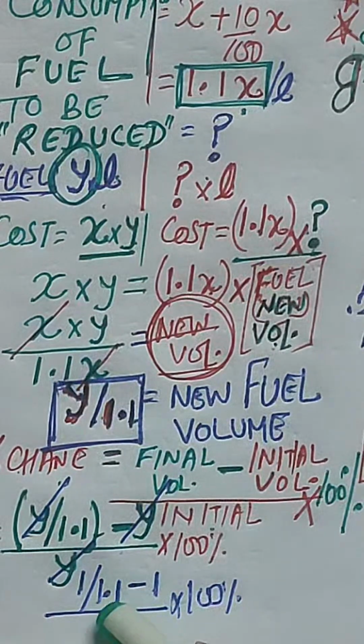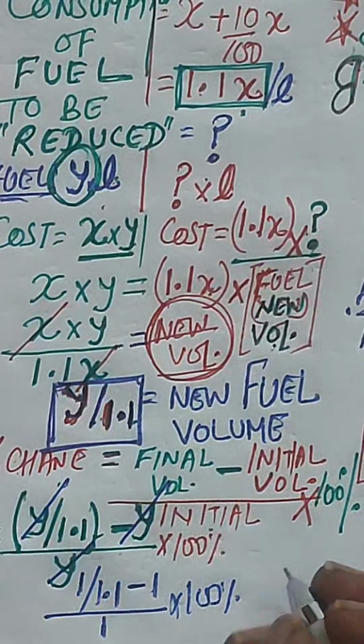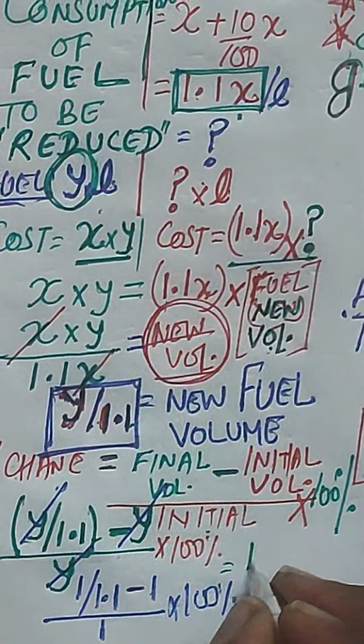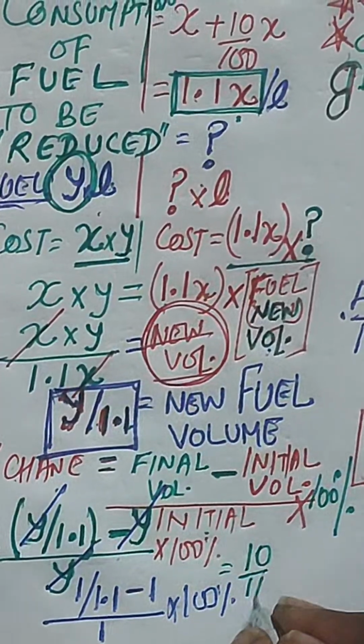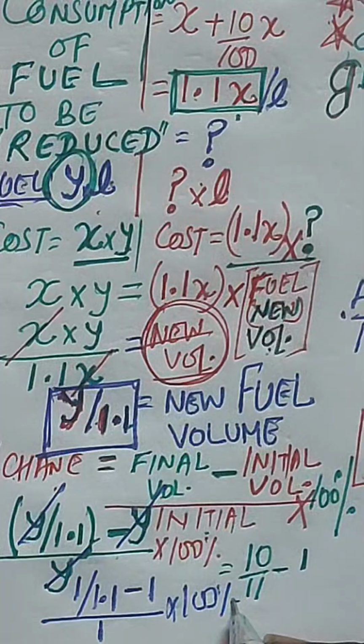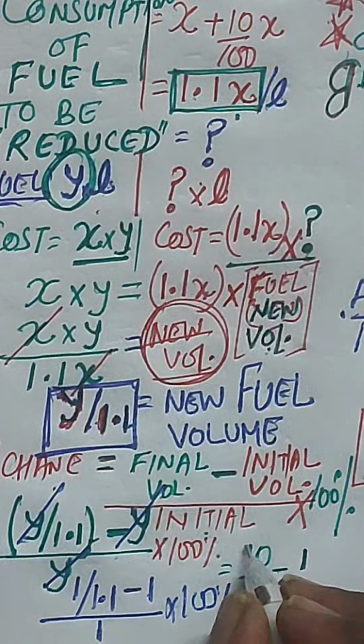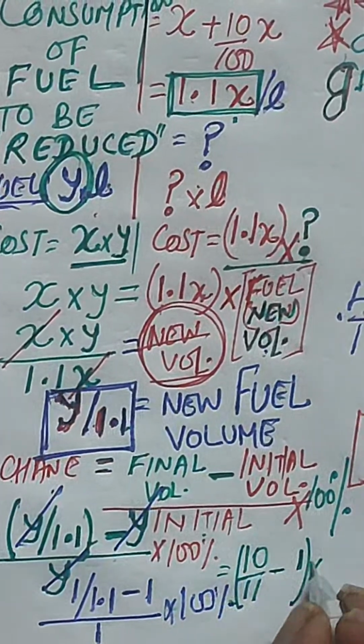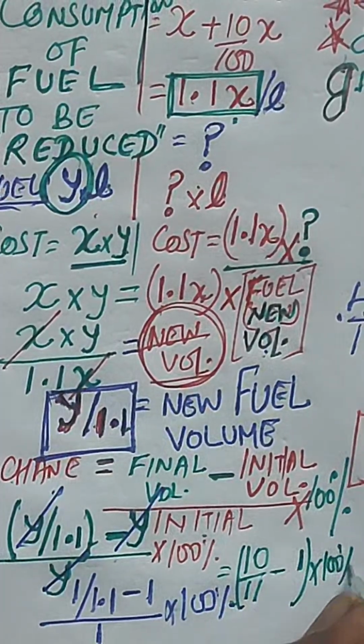When you replace this decimal, it will be 10 by 11 minus 1 by 1. So leave this 1 in the denominator, into 100%.